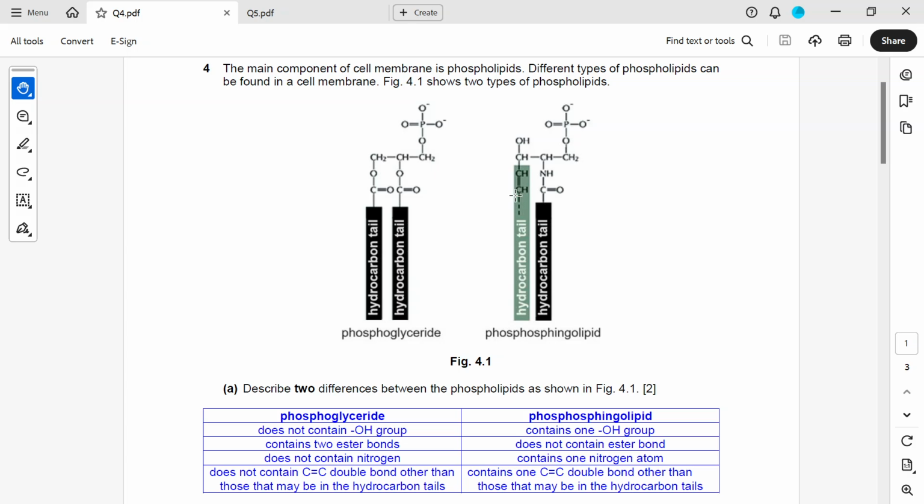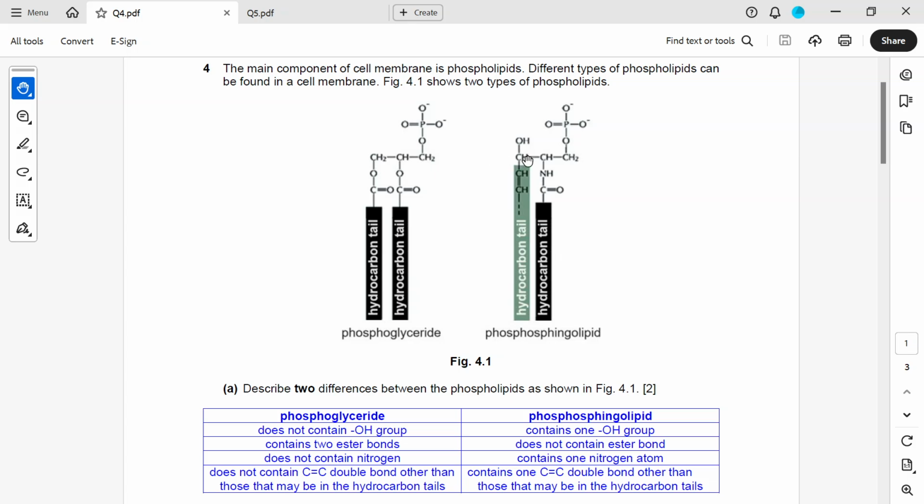But the other hydrocarbon tail is not a fatty acid. It doesn't carry the carbonyl group, or the remnant of the carboxylic acid group. So this is not a fatty acid. Only a couple of you managed to see that and gave that as a difference, 2 fatty acids versus 1, which I've accepted.